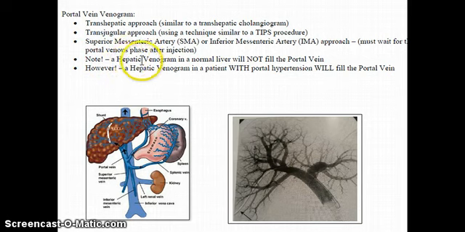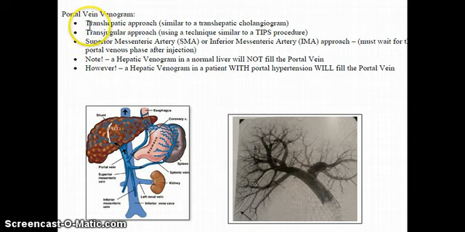Going back briefly, we need to talk about the hepatic venogram. In a normal liver, the portal vein will not fill when you're doing a hepatic venogram. But here's the thing, if you're doing a hepatic venogram, usually the portal vein is not normal, or the liver is not normal. So a lot of times when you do a hepatic venogram in a patient with portal hypertension, which again, is usually the case, then the portal vein will fill.